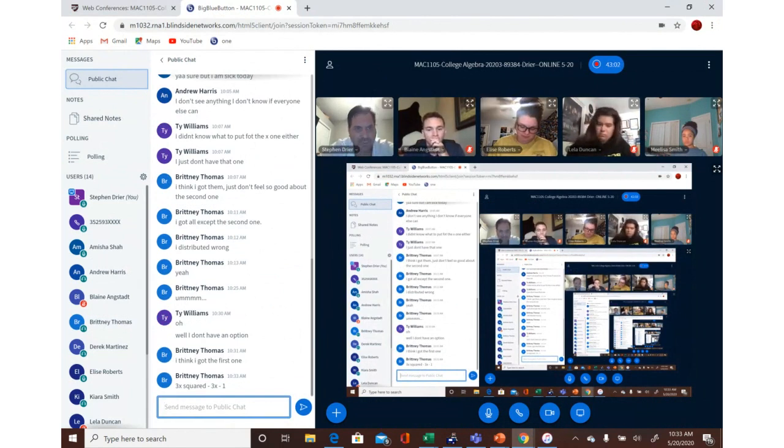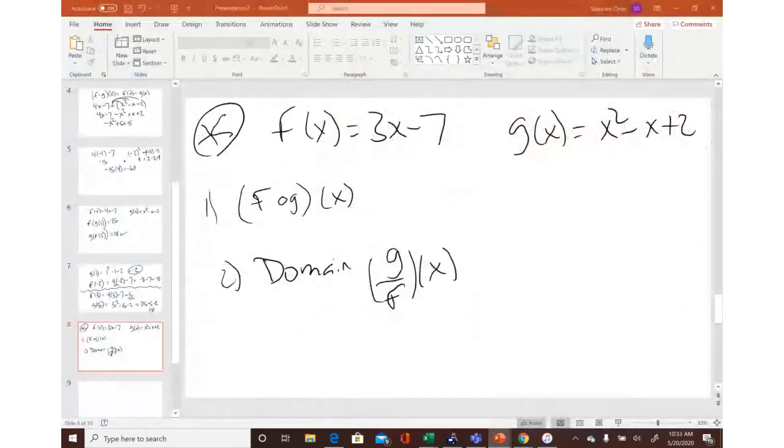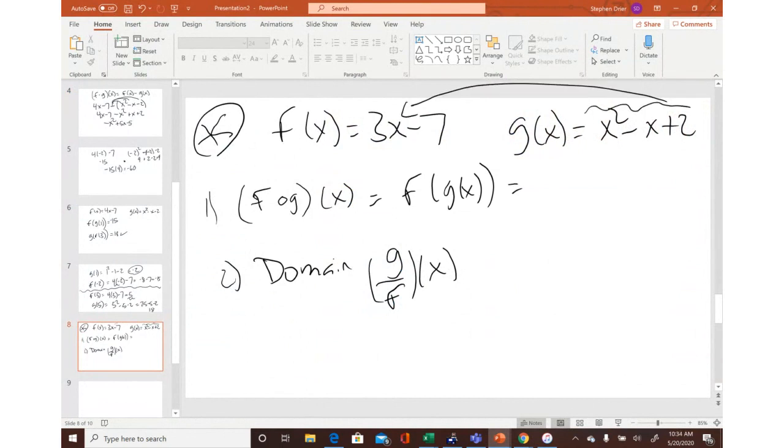Three x squared minus 3x minus 1. Brittany, I don't know if that's right, but I love the answer. It looks good anyway. Let's take a look. This is f of g of x, which means you take this part here and plug it into f. So it's going to be 3 times x squared minus x plus 2, and then you're going to do minus 7.